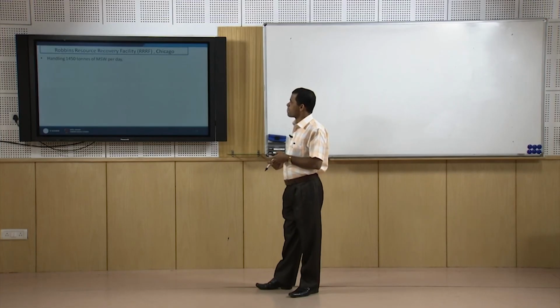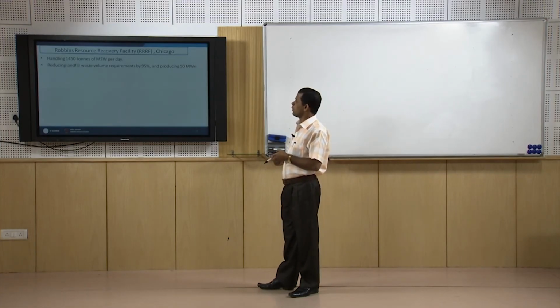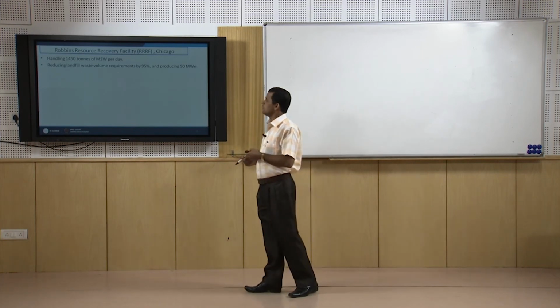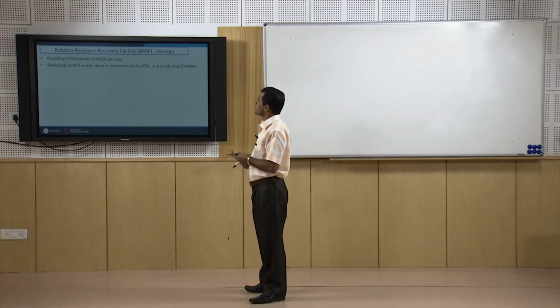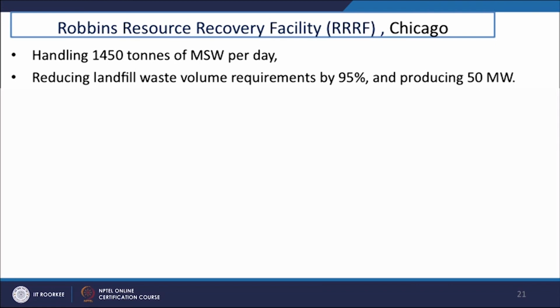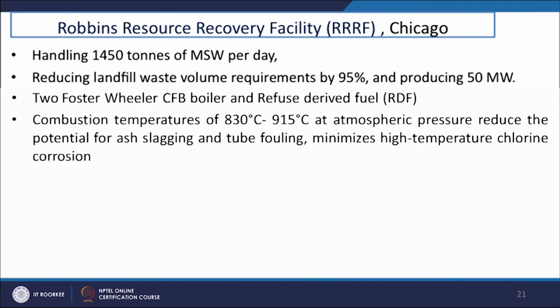This is one piece of information on a US incineration plant, the Robbins Resource Recovery Facility, that handles MSW and reduces landfill waste volume by 95% and produces 50 megawatt electricity.